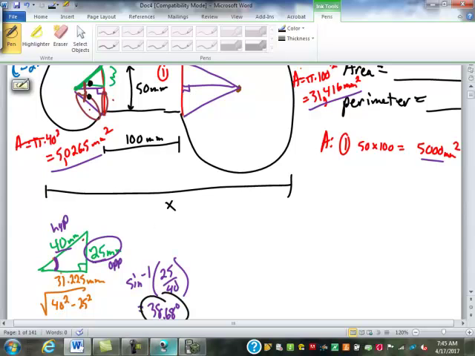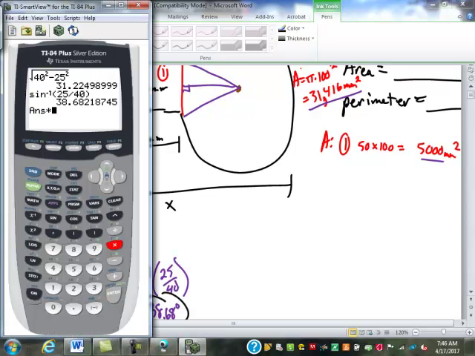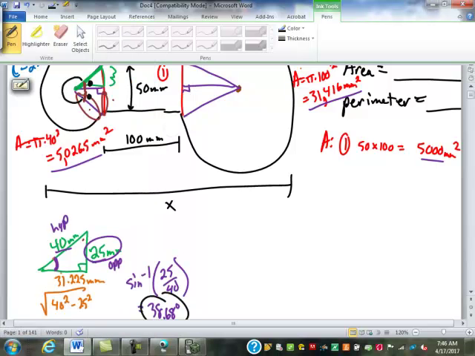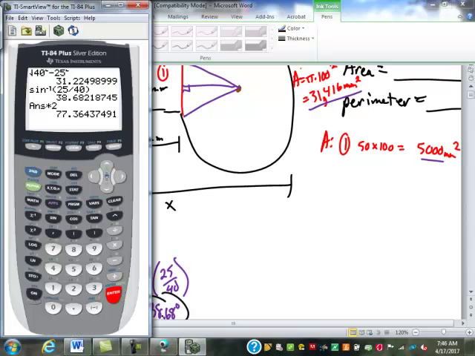So we're going to double those. 77.36. Now 77.36 isn't what we want. What we really want is the angle that goes out here, which is 360 minus that, which is 282.64.